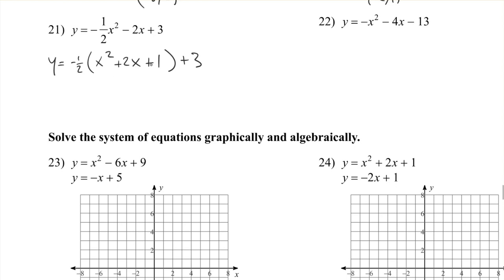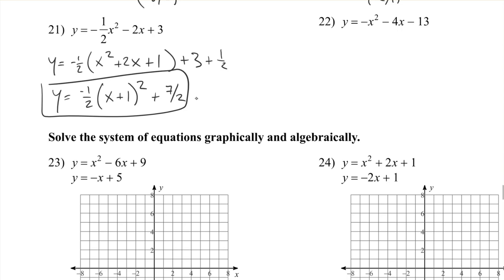So the opposite of subtracting 1/2 is adding 1/2. So this is y equals -1/2 times the quantity x plus 1 squared, and 3 plus 1/2. Well, 3 times 2 is 6, plus 1 is 7, so plus 7/2. And so our vertex is -1, 7/2.